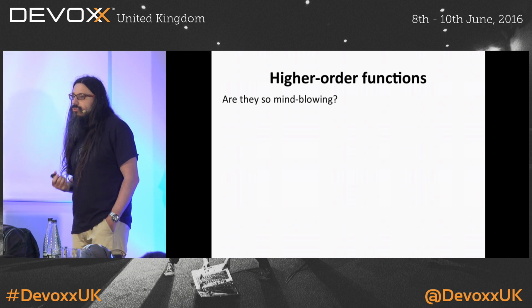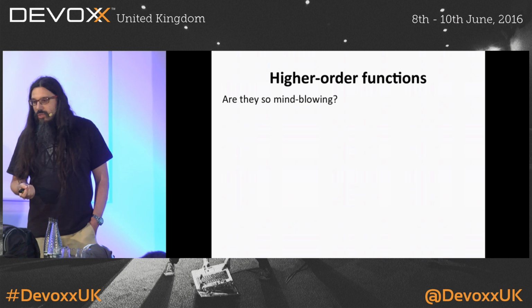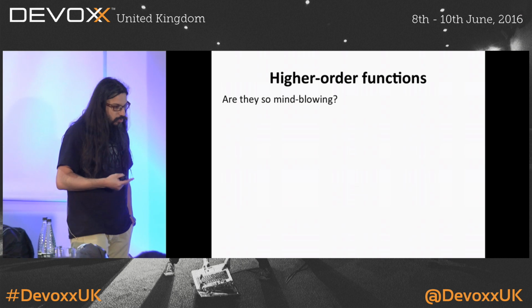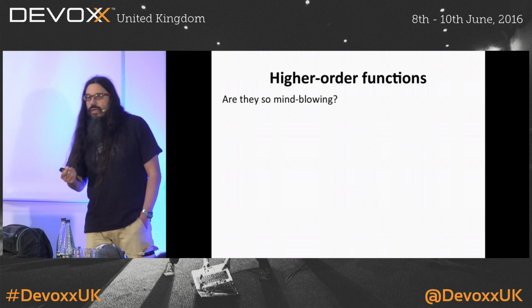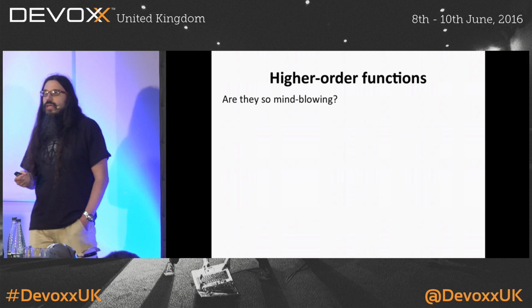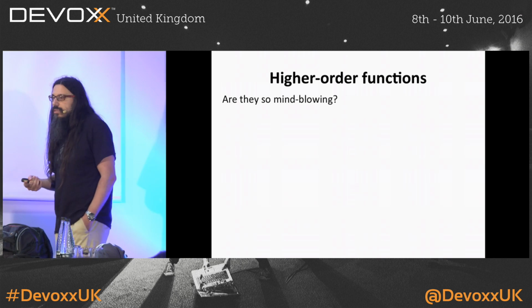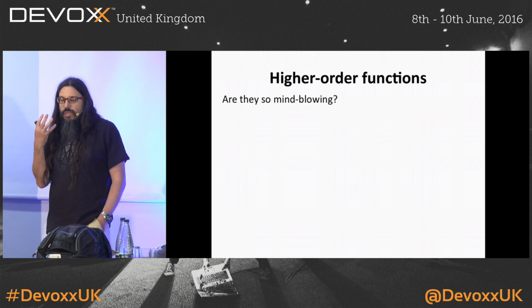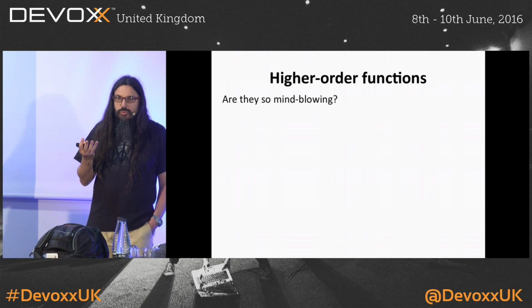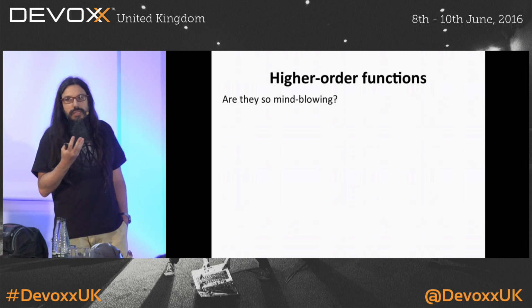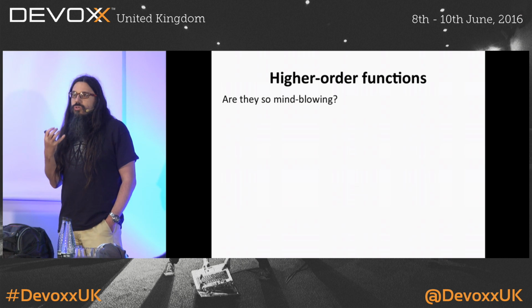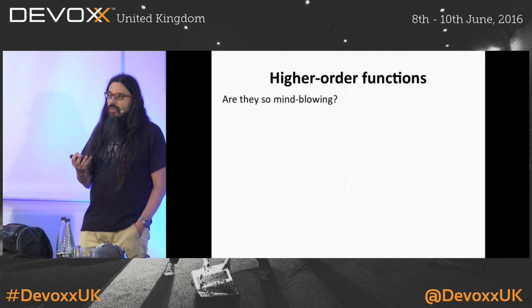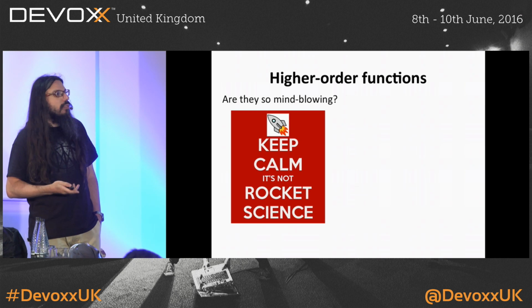I wrote a book about Java 8, and while writing the book and trying to explain the new functional way of doing things in Java 8 to experienced Java developers, I found, to my surprise, that the idea of higher-order functions is not as simple as I thought. I don't understand why.